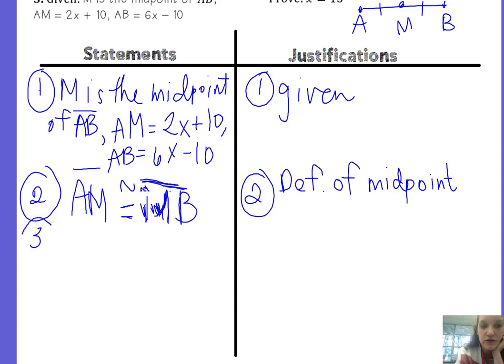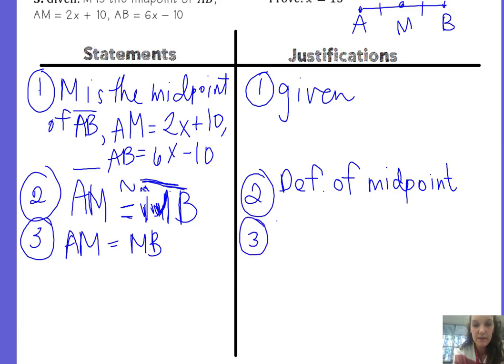So when I switch from segments being congruent to their measures being equal, to their lengths being equal, that is the definition of congruent segments. And you can draw the congruent symbol instead of writing the word congruent.